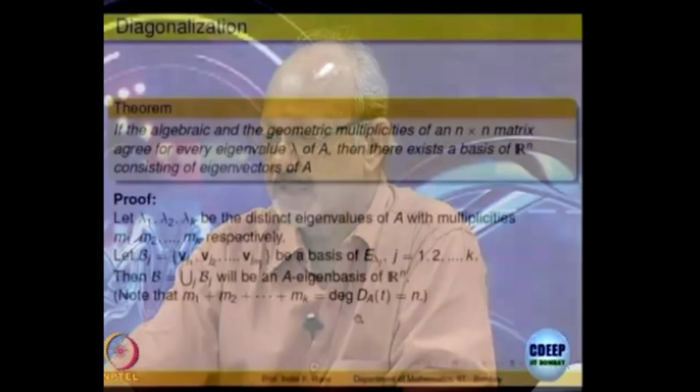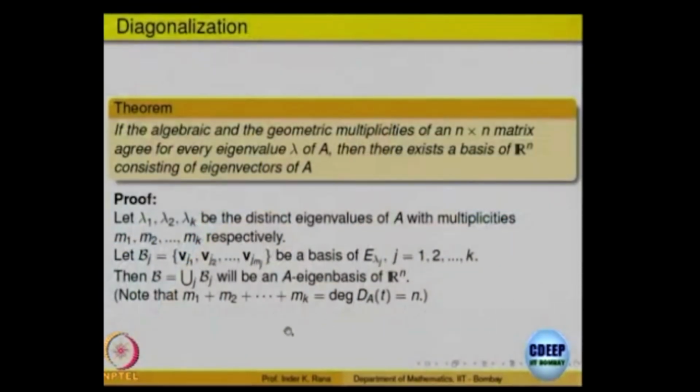Put them together, you will get a basis consisting of eigenvectors for the underlying space Rn. Their sum is equal to n, right? Algebraic multiplicity equal to geometric multiplicity, total is equal to n. So for each one of them there is a basis, put them together.